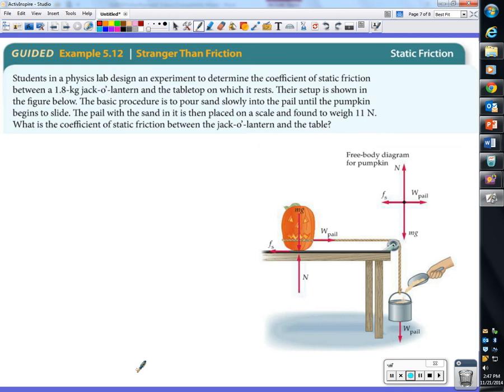All right, let's go through the process. First thing we do, we still use that Greek letter mu to represent the coefficient of friction, but this time we want to find the coefficient of static friction. Now, just to clarify, on the previous slide and your previous page in your packet, in order to figure out the coefficient of static friction, we really have to know two things. What do we have to know? We have to know the normal force.